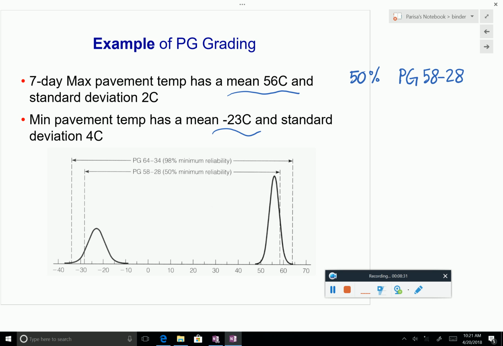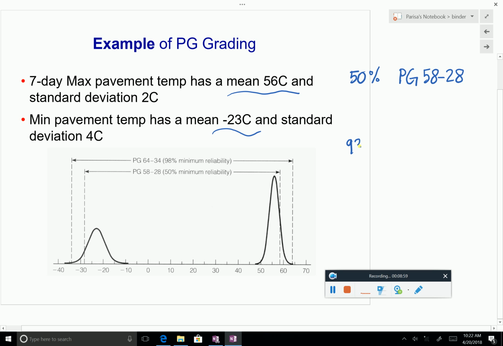Just like in concrete, where we were adding this 1.34 times a standard deviation for a strength. So what you do is typically you also know from the seasonal data what the standard deviation is. It can be broader or narrower. So you say, okay, my maximum temperature is 56.